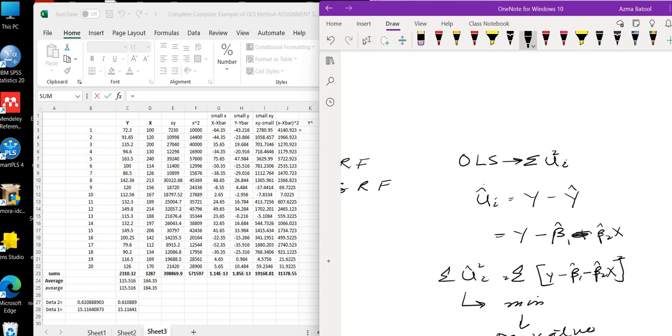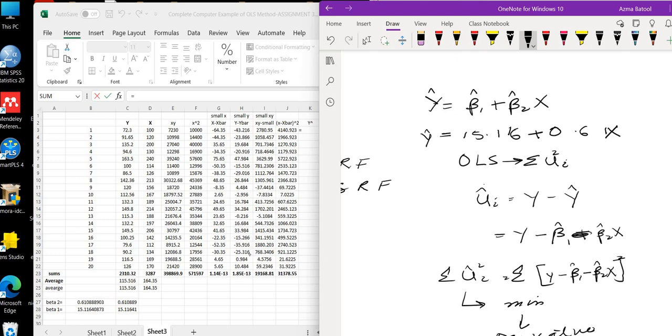So here we go. What is the estimated line? It is y hat equals beta 1 hat plus beta 2 hat x. What is beta 1 hat right now? It is 15.11601, whatever it is, plus beta 2 is 0.61 times x. I will calculate my y hat values using this equation. Since there are many x values, there are many y hat values.